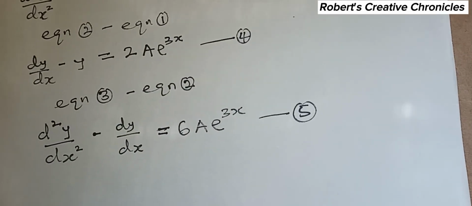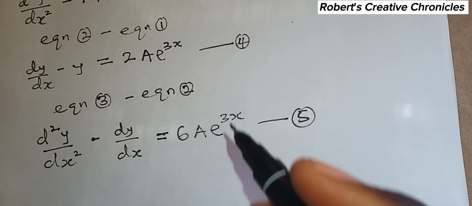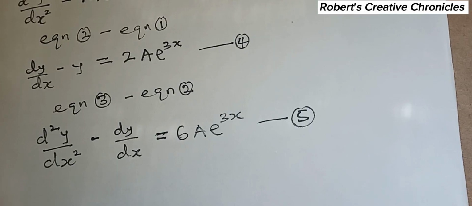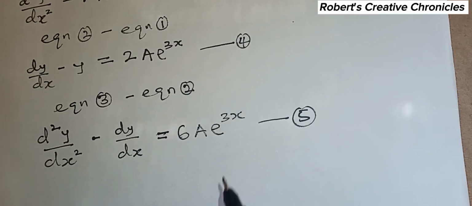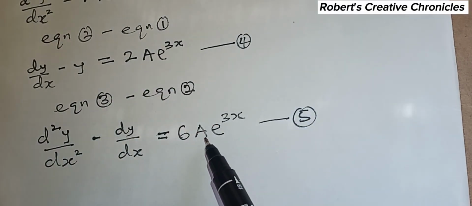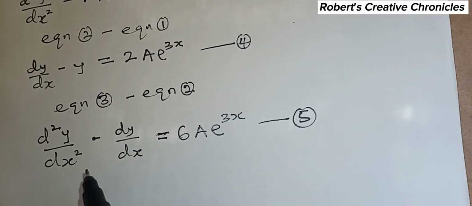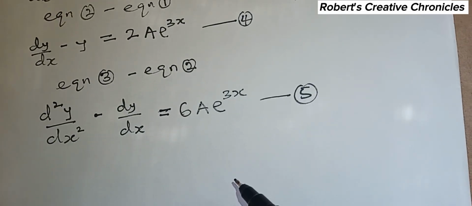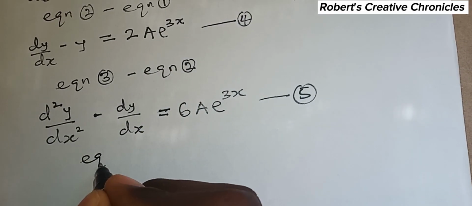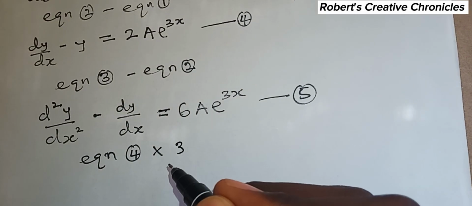Now we will solve equations 4 and 5 simultaneously. To do this, I will multiply equation 4 by 3, so that 3 times 2 is 6, and 6 minus 6 will be 0. So let's multiply equation 4 times 3.